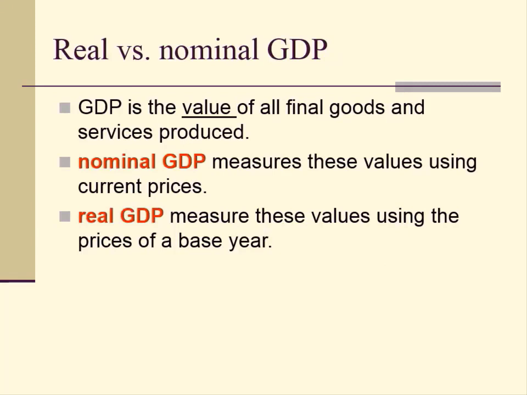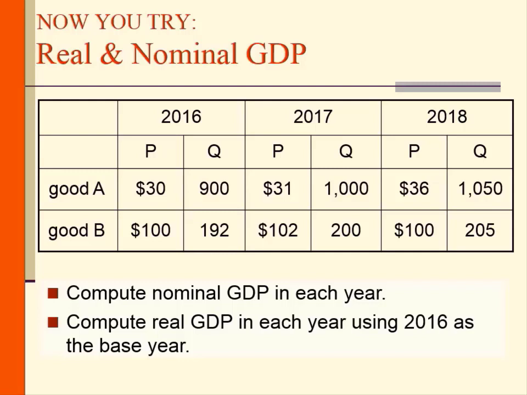GDP is the value of all final goods and services produced, and nominal GDP measures these values using current prices, while real GDP measures these values using the prices of a base year. You have learned this in principles class, so this part is a review for you. Now let's try to solve these problems. Very simple problems.